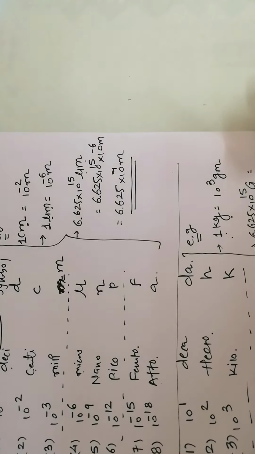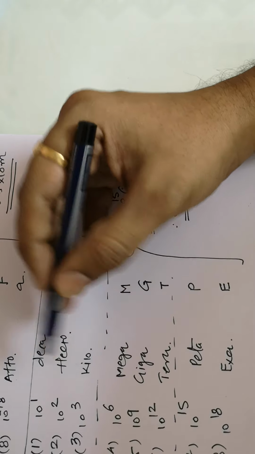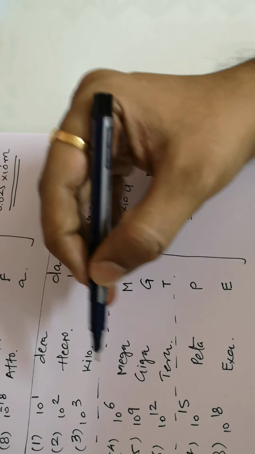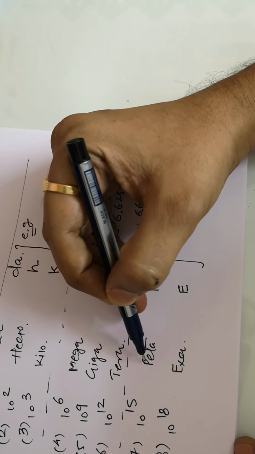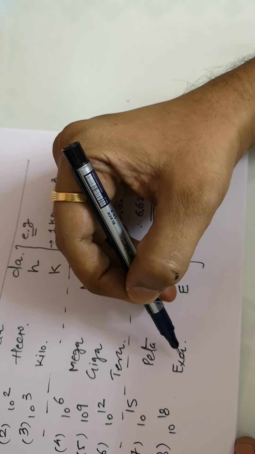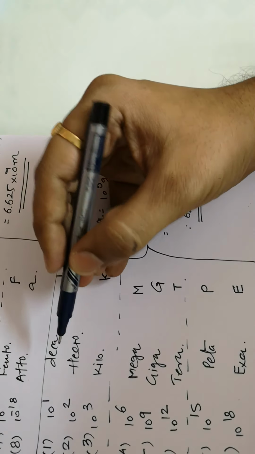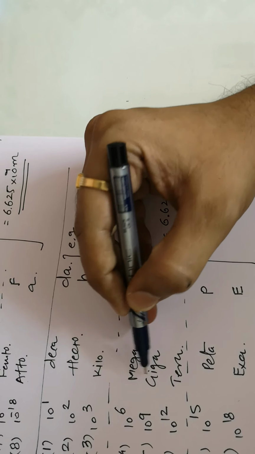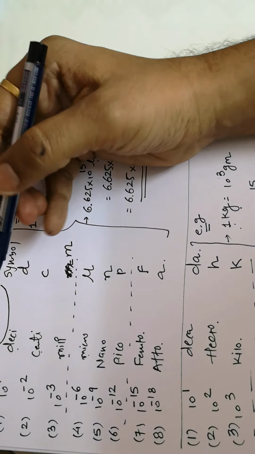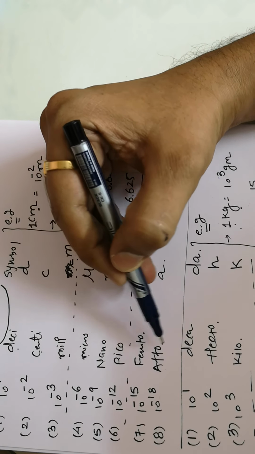Again, I am repeating how you can recall it. It is deca hectokilo, mega gigatera, peta and exa, while in the smaller ones it is deci centi milli, micro, nano, pico, femto and atto.